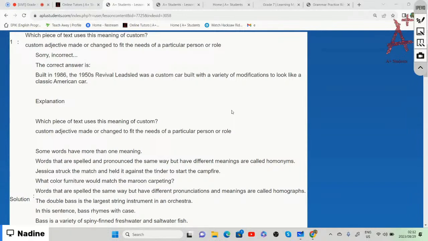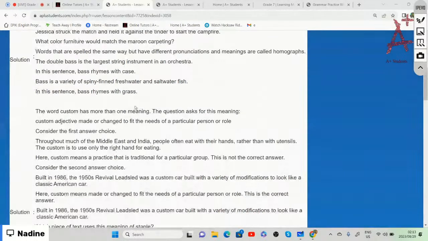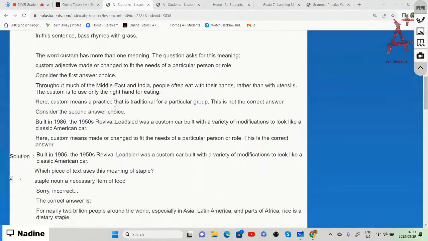So we need to choose the text that matches the meaning of custom. Custom is an adjective that is made or changed to fit the needs of a particular person or role. And customs you will usually find with traditional practices that you need to follow, what we call norms.